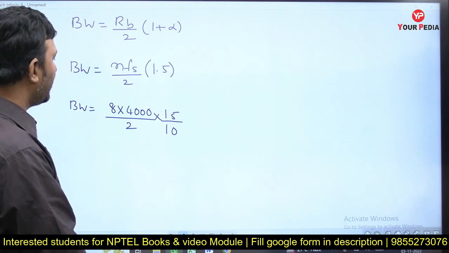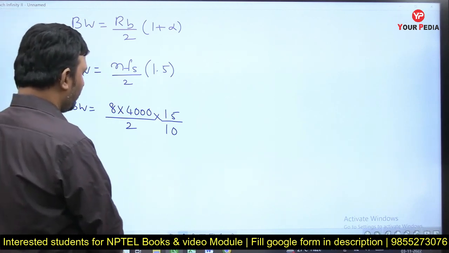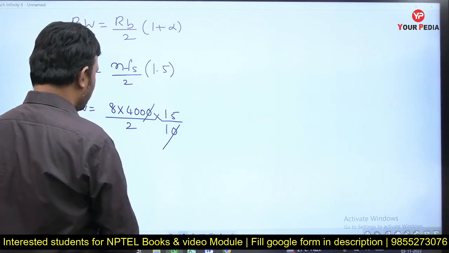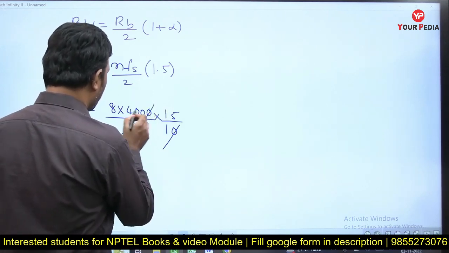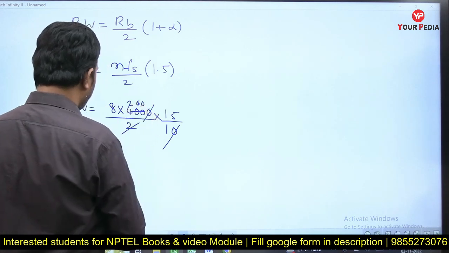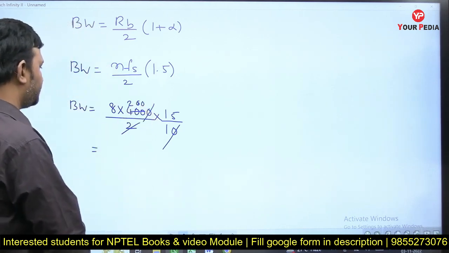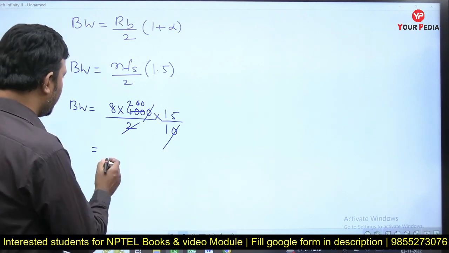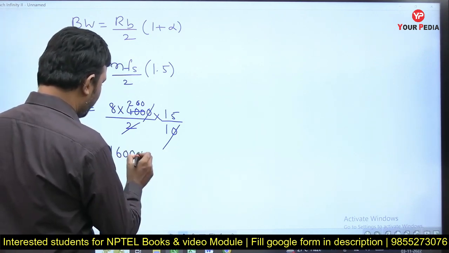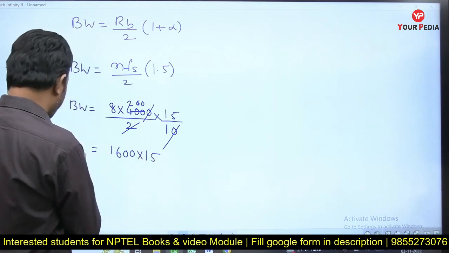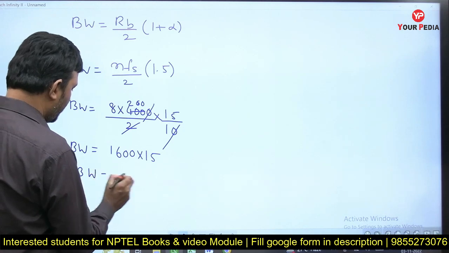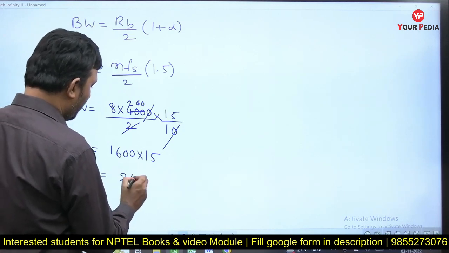Now how do we simplify this? The zeros cancel, and 4000 divided by 2 goes 2000 times, so this is 1600 multiplied with 15, which is nothing but 24 kilohertz you will get.